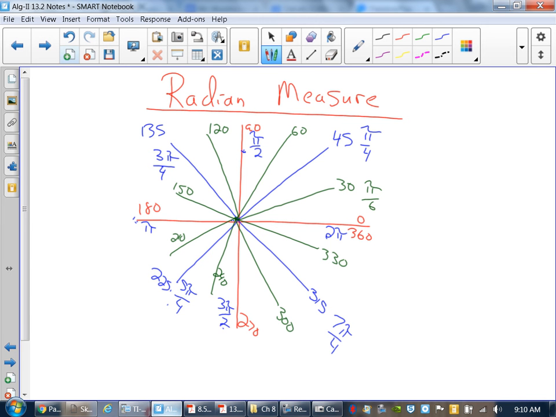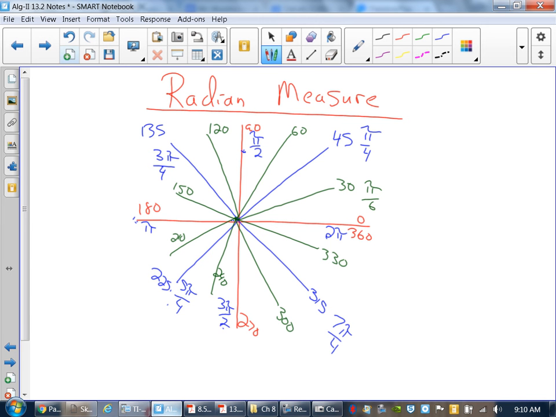So if you count through it, without putting pi in it for right now, 30 degrees you're at 1/6, 60 degrees you'll be at 2/6, 90 you're at 3/6, 4/6, 5/6, 6/6, 7/6, 8/6, 9/6, and all those fractions simplify out. So technically, you can do all of this building out every one of these degree measures just by knowing simple fractions.